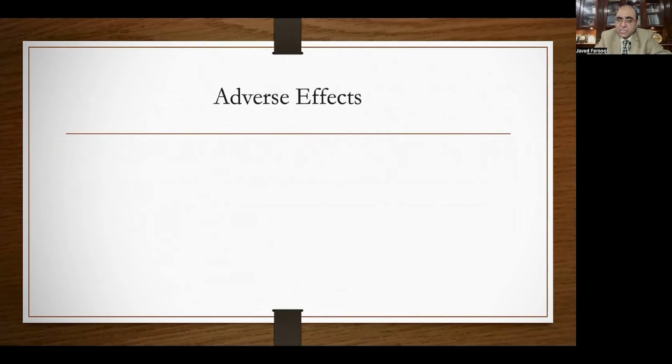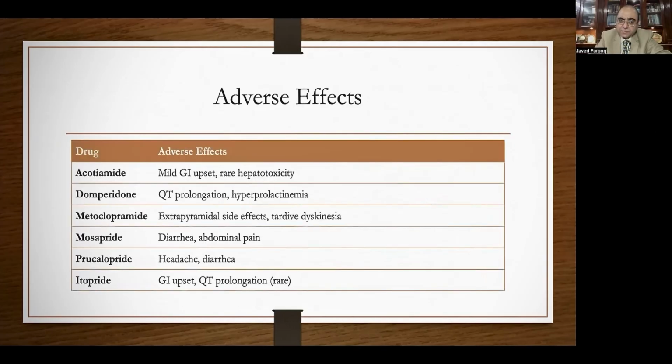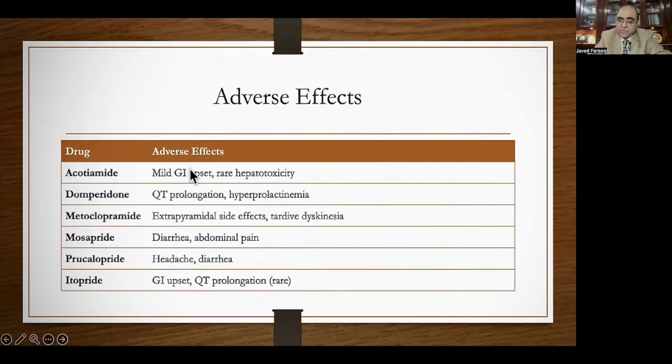What are the adverse effects? The adverse effects of Acotiamide are mild GI upset and rare hepatotoxicity. Adverse effects of domperidone include QT prolongation and hyperprolactinemia.